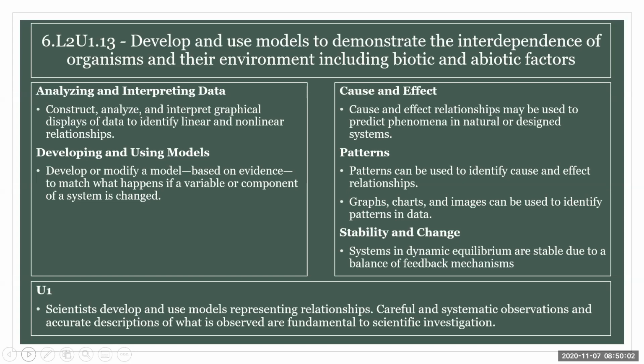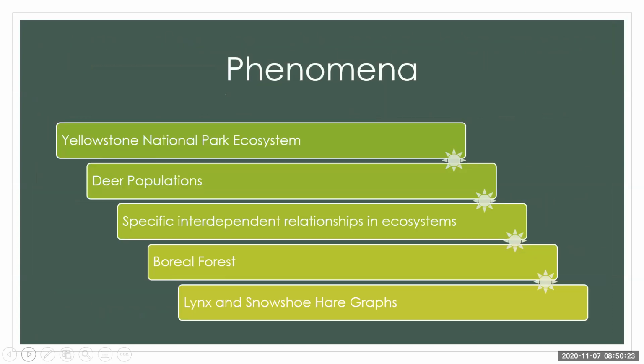For our Using Science, we are looking at how scientists use models to represent those relationships and the fact that we need to be accurate in those descriptions. You'll see some major changes between the first unit, because we're shifting our focus a little on our SEPs and a lot on the cross-cutting concepts we're bringing in.